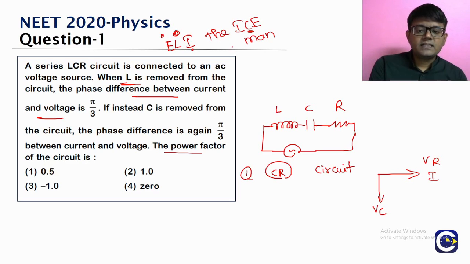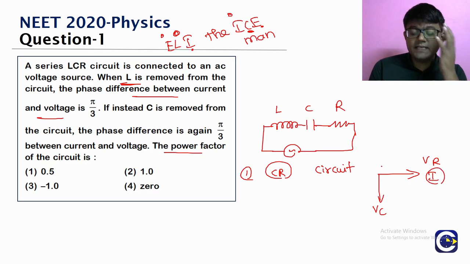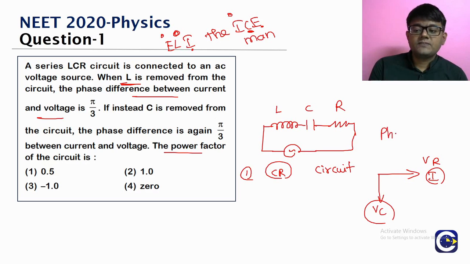For the capacitor, current will be ahead of EMF, meaning current will be ahead of the voltage. Here, in a series circuit, both the resistance and capacitor will have the same current, so the voltage across the capacitor will be lagging. This is the phasor representation for the CR combination.